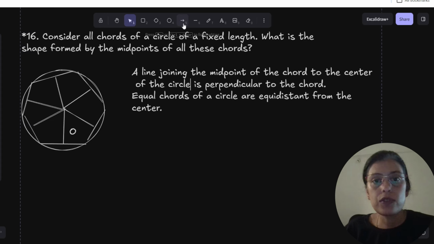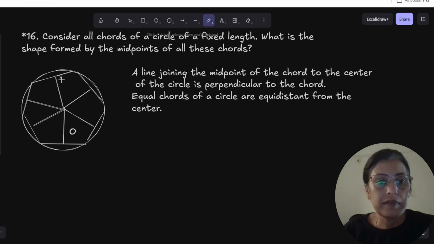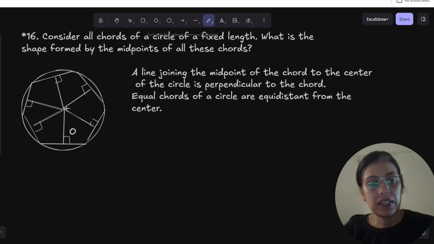So all these are perpendicular to the chord, and they are of the same length. They are all equidistant from the center.